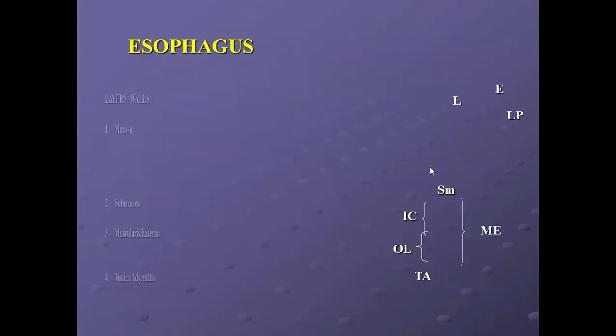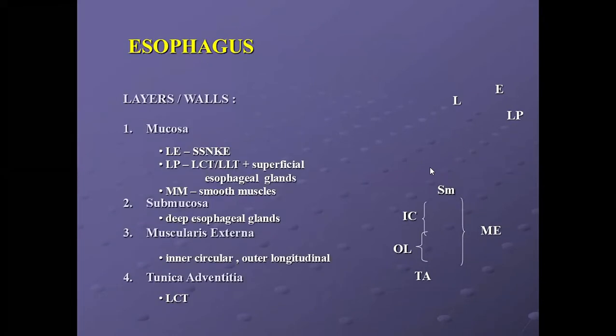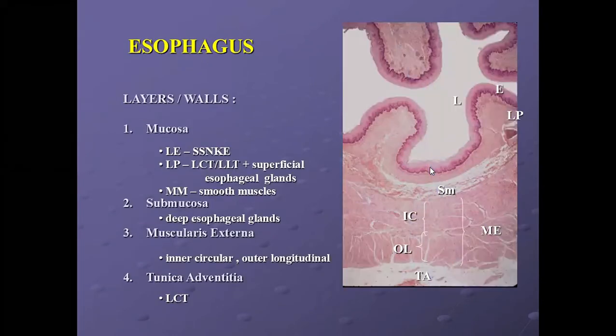Esophagus. The layers in the mucosa, you have your what? Stratified squamous non-keratinized epithelium. The lamina propria is loose connective tissue or loose lymphatic tissue plus superficial esophageal glands.